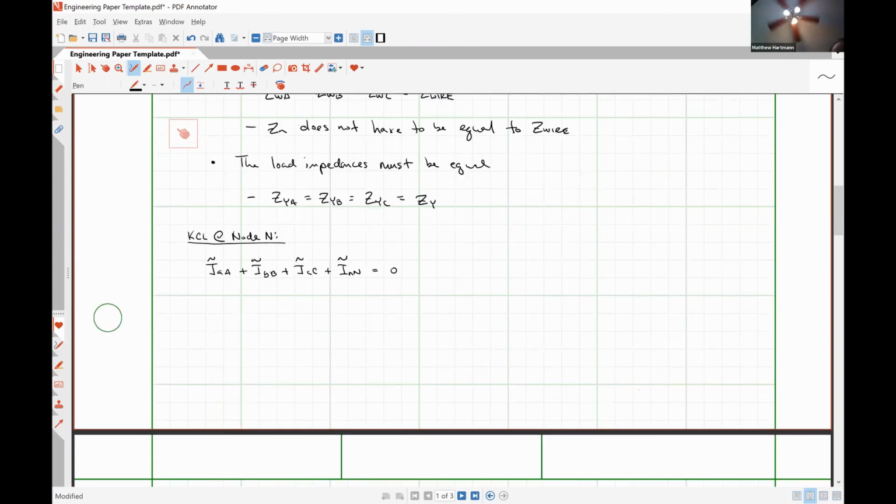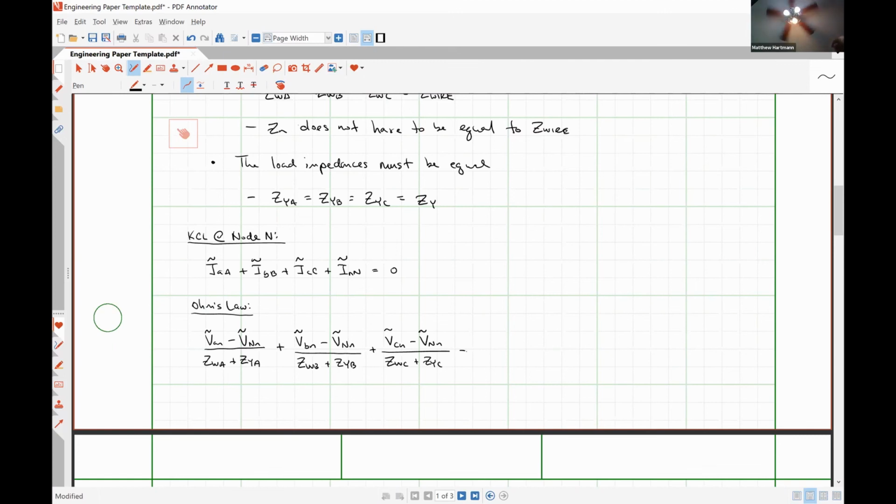And from this I get VAN minus V capital N lower n divided by ZWA plus ZYA plus VBN minus VNN divided by ZWB plus ZYB plus VCN minus VNN divided by ZWC plus ZYC.